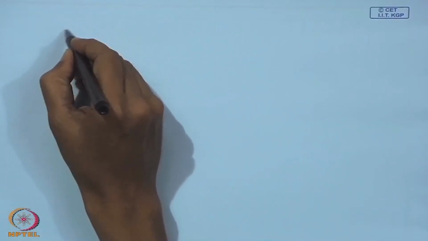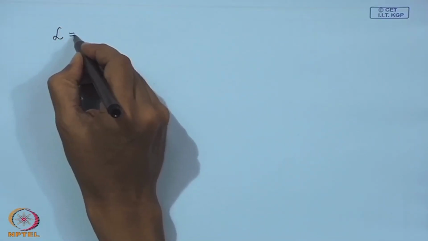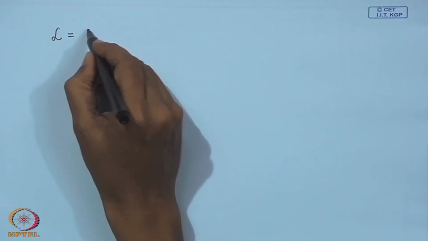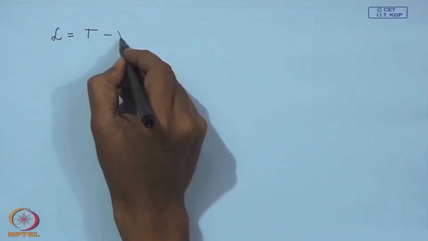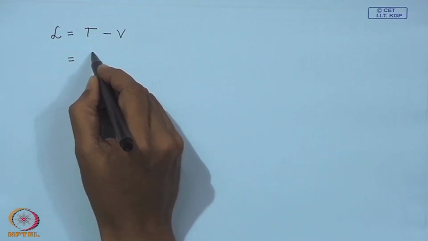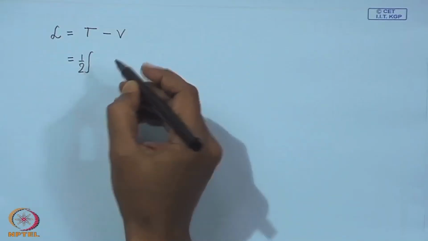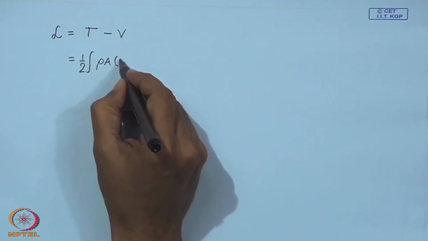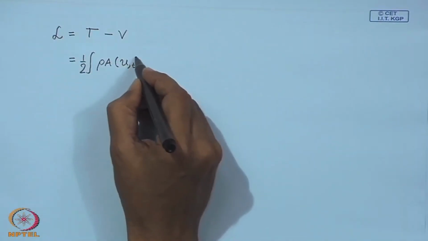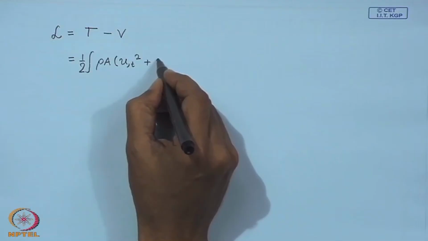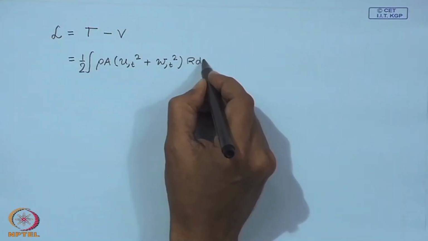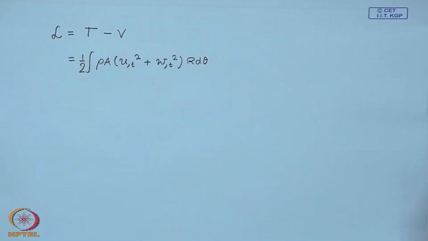So, we considered the Lagrangian, which we wrote as the kinetic energy minus the potential energy, and the kinetic energy was 1/2 of rho A times the squared velocities. Here, these are the field variables.